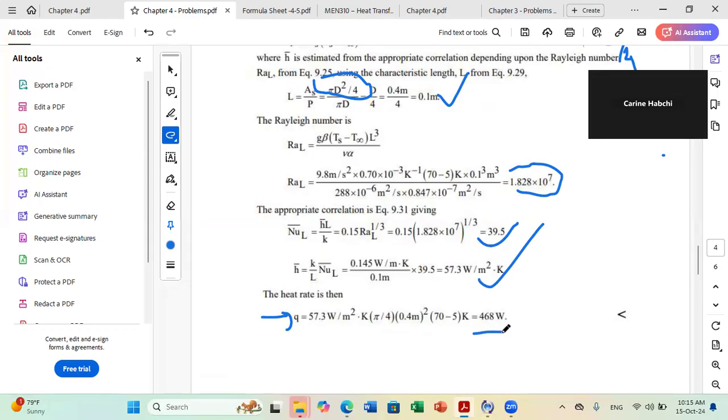And we say that because of energy conservation, this is the power that should be supplied to our plate in order to maintain steady state conditions. Because E in is equal to E out, or the generated heat is equal to the one convected out. Okay? Question on this?